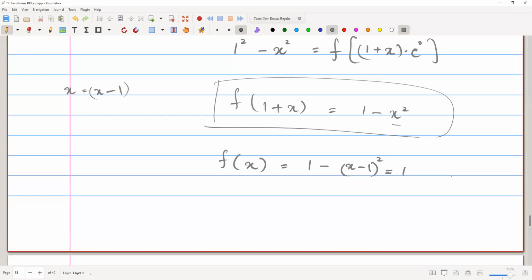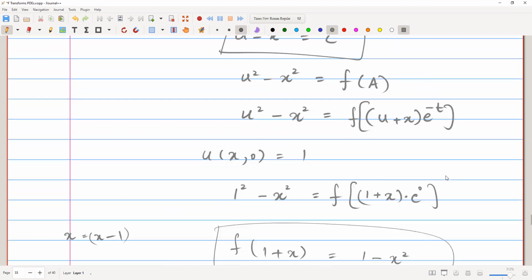So this will be 1 minus x squared plus 2x minus 1, and this will be equal to x times 2 minus x. So f of x is equal to x times 2 minus x.